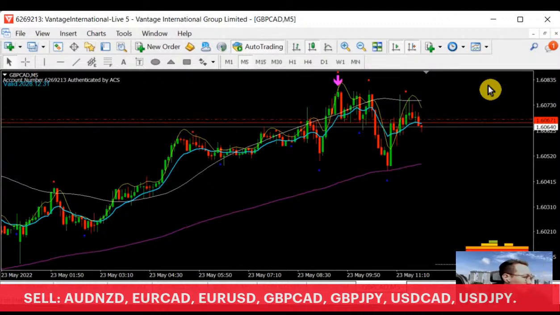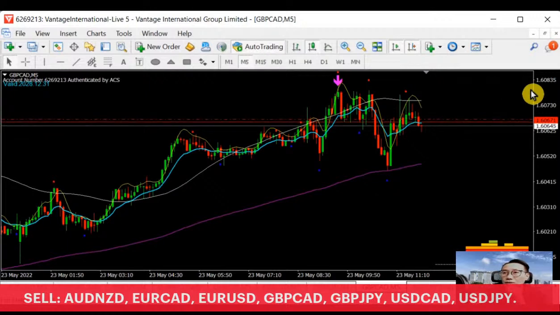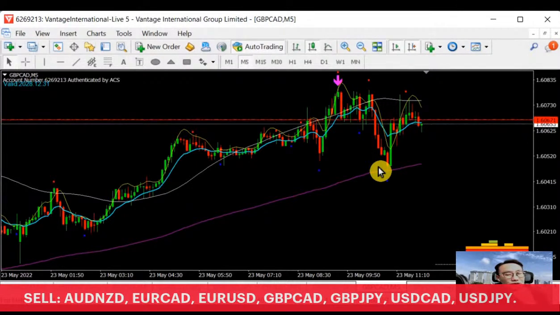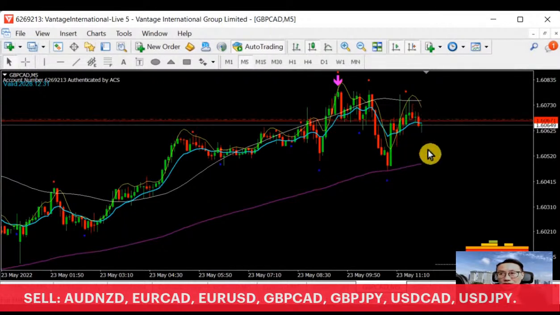Right now, the price is coming down to the resistance level. Is it time to sell? I would say hang on first, because when it comes down to the resistance level, it's a good sign.